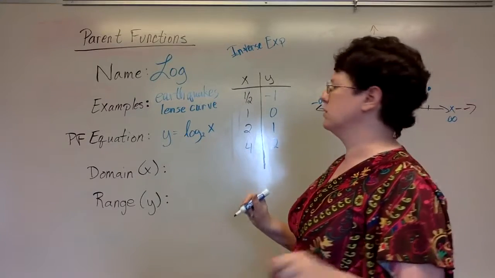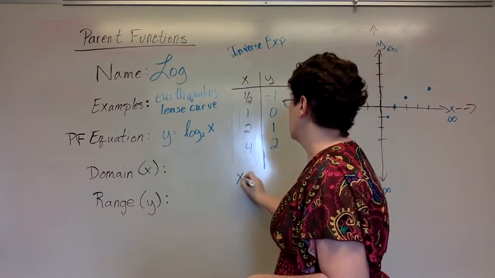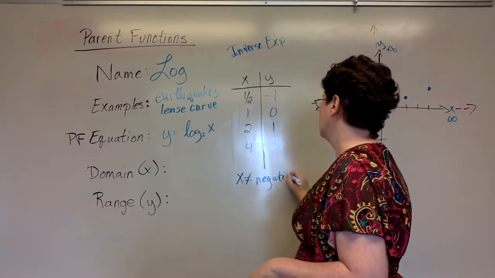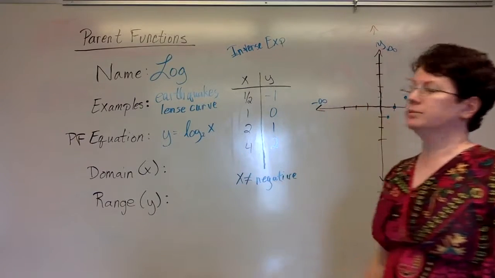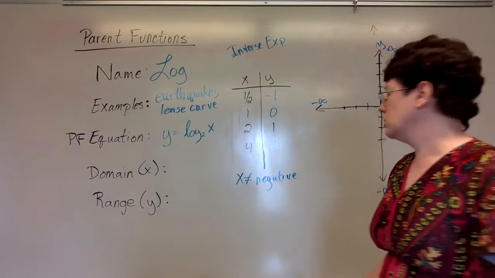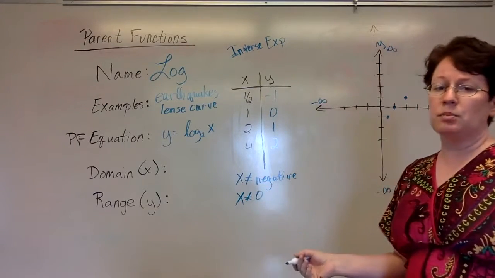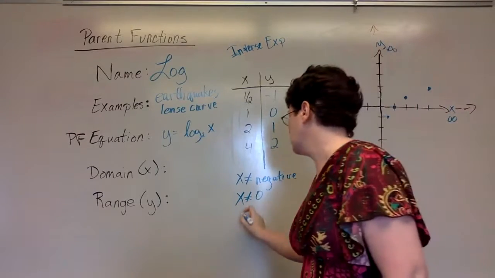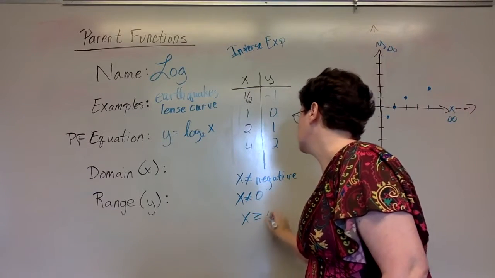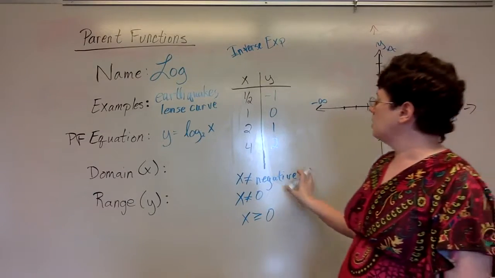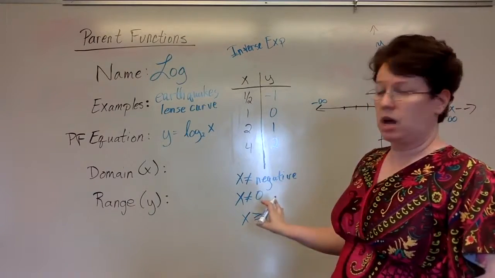You might want to write yourself a note on that one, okay? So X cannot be negative. You cannot have a negative value for X. Even worse, guess what? X can also not be 0. So basically, X has to be greater than 0. We can't have 0. We can't have negative numbers. That would give us an error, okay?